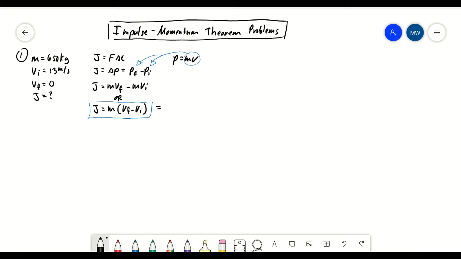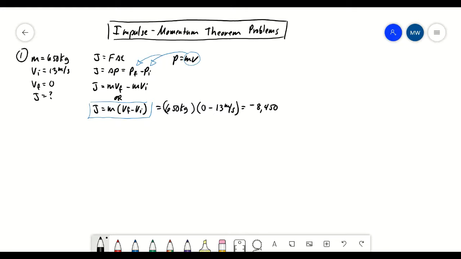Now we just put all the numbers in. We have our 650 kilograms, it's the mass of the boulder. Our final velocity is 0, and our initial velocity is 13 meters per second. So on the calculator we can do all this. We get a negative, right, because we have our 650 and there's our negative, and I have 8,450.